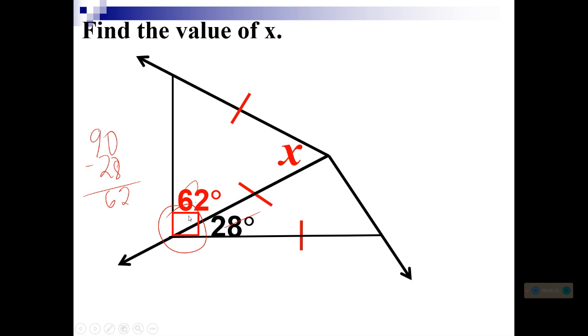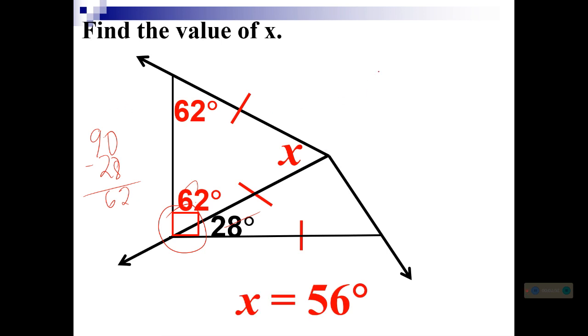Okay, so if this is 62 degrees, what is the value of x? What do you think? Yes, okay. Since this is a base angle, of course, the other base angle is also 62 degrees. Can you find now the value of x? You will have x is equal to 56. Why?